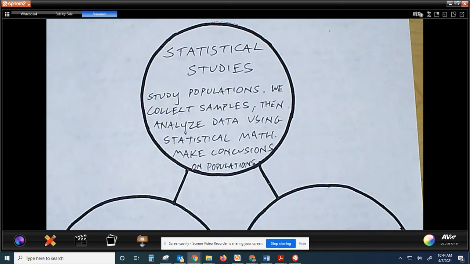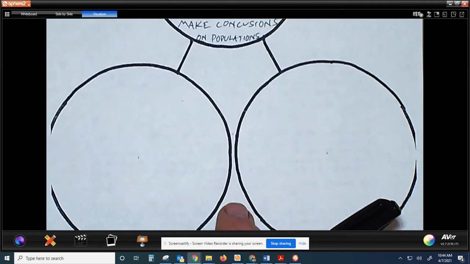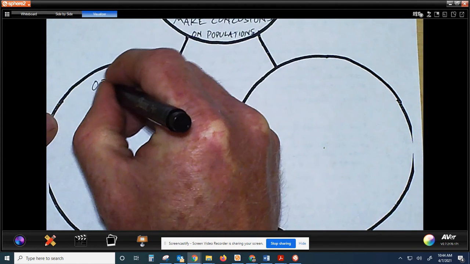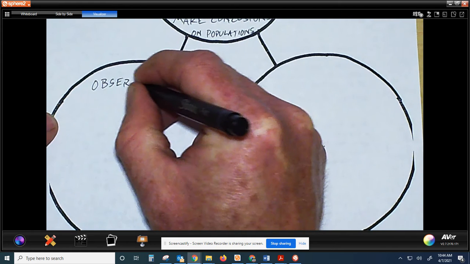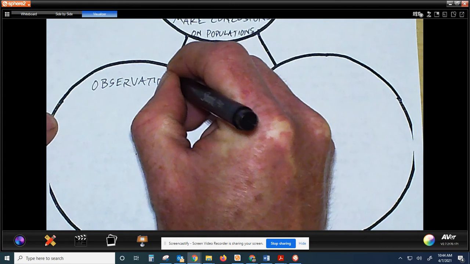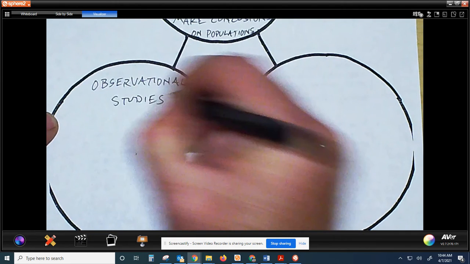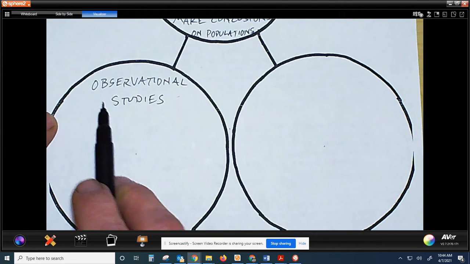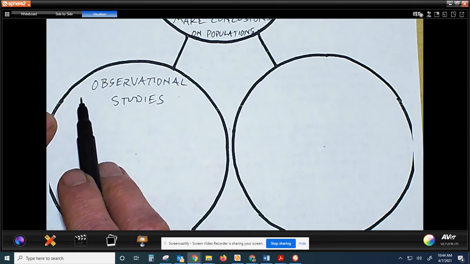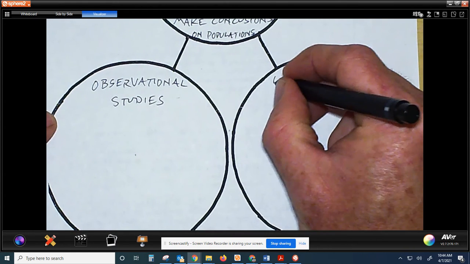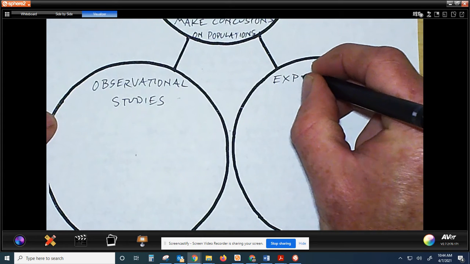You've seen them happen. I'm going to break them into 2 categories. One is observational. Okay, observation. So to observe something means to watch it. There's an observational study, and then there are experimental studies.